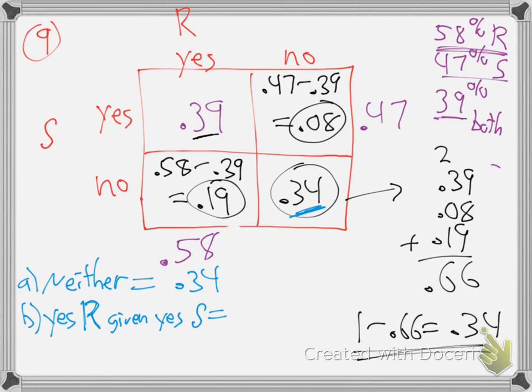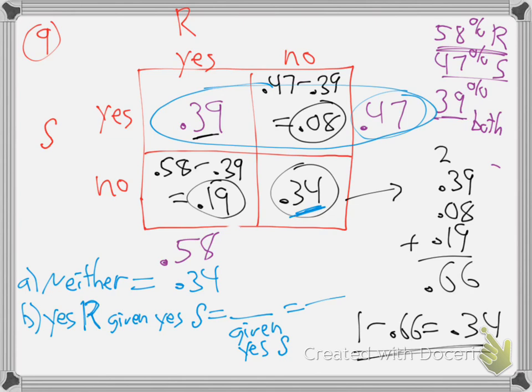You know the given always is the denominator, huh? That limits the possibilities. So that would be yes on S. So the given yes on S people. How many people are yes on S? Yeah, these people are yes on S, 0.47. And of those, how many are yes on R? 0.39 out of the 0.47, huh?